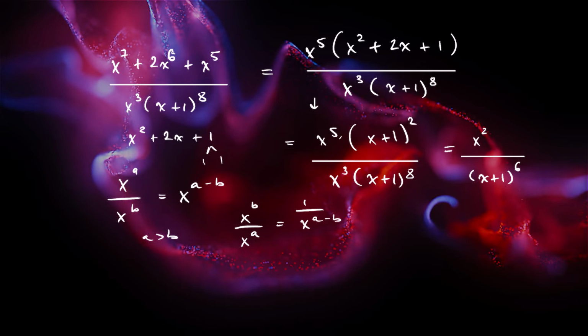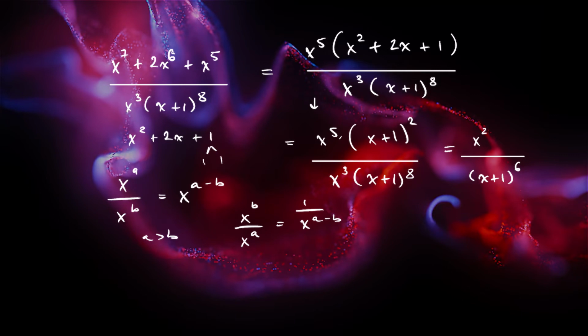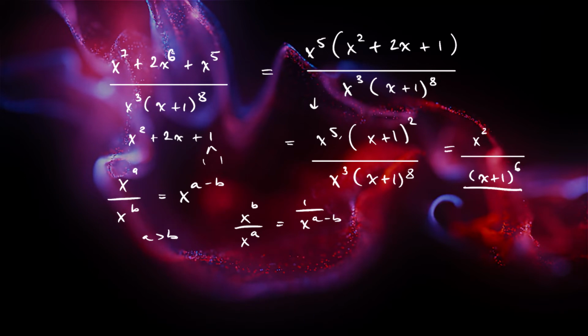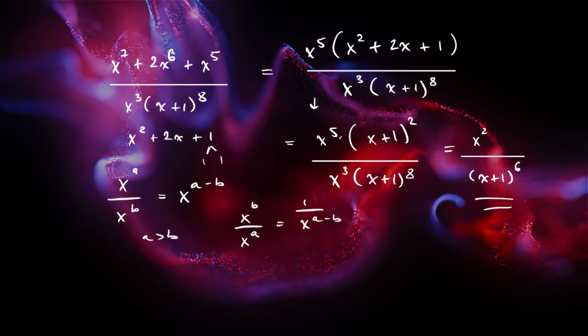This is the exact same thing that we're doing here. So we've got 1 over x plus 1. Think of x plus 1 as just a random variable. Let's call it a. So we've got 1 over a to the power of 8 minus 2, right? 8 minus 2 gives us 6. So that's why we've got x plus 1 to the power of 6 there. And this is as fully simplified as we can get, right? So this is our final answer.